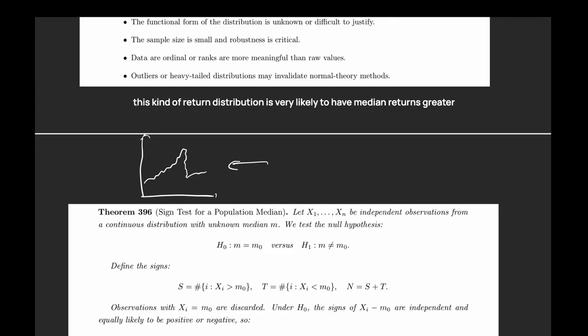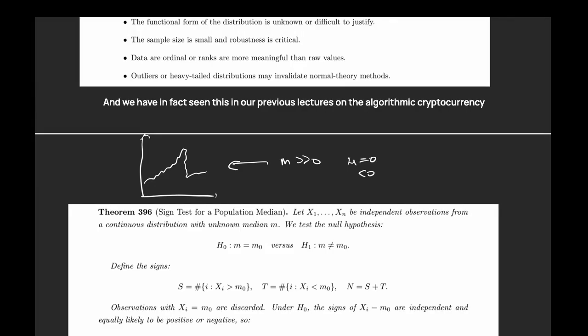And this kind of return distribution is very likely to have median returns greater than 0, even if the mean returns is equal to 0 or lesser than 0. So even if the expected value of this strategy is negative, if you are skewing our portfolio returns enough, then the test for the median would still show up as positive.